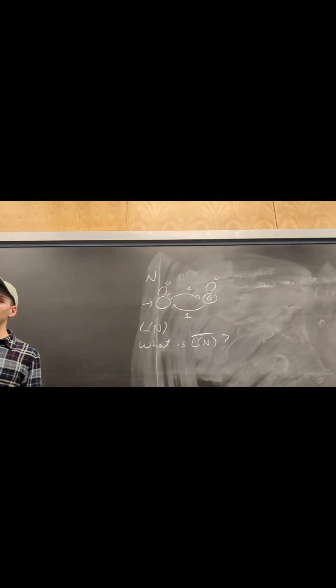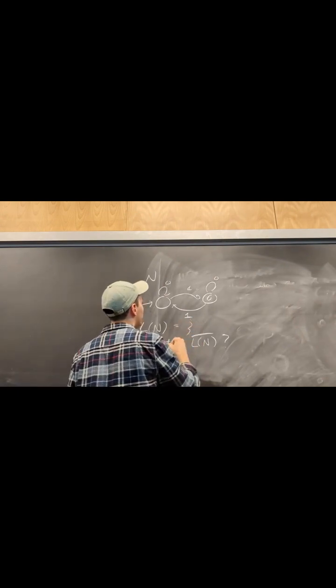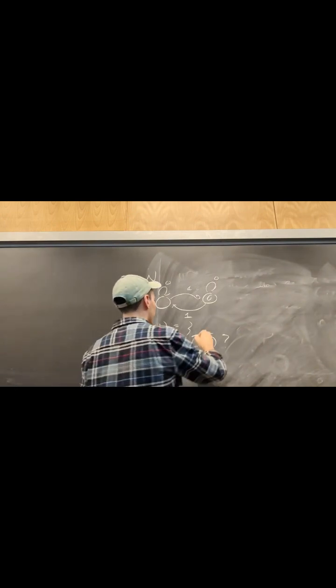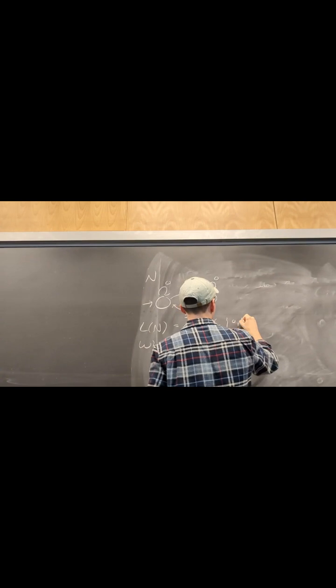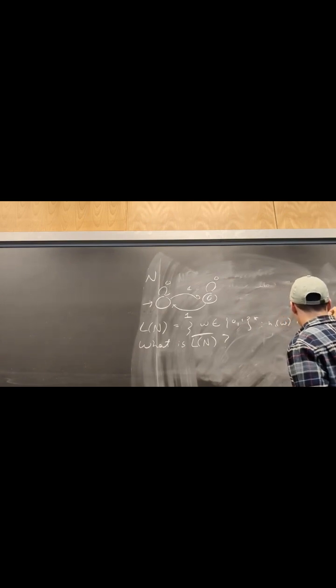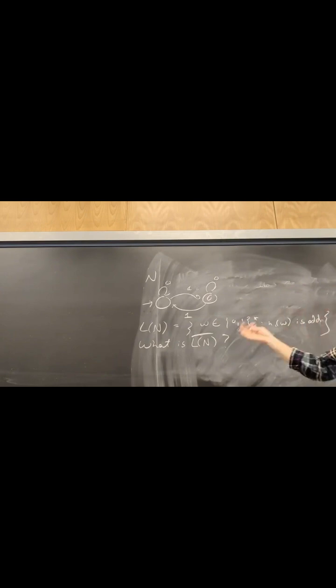If I ask you what is L of N complement, in other words, L of N here is fairly similar to a DFA we just saw, except that in this case it's where N1 of W is odd. The complement is asking for the strings that are not in L of N. That's all of the strings that do not have an odd number of ones.